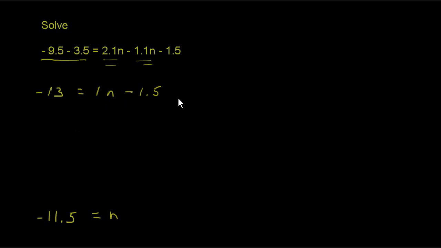And so let's go and add 1.5 to both sides. So I'm going to rewrite this, and instead of 1n, it's the same thing as n. And then I'm going to add 1.5 to the right side of the equation, and do the same thing on the left side. If I do it to one side, I have to do it to the other.